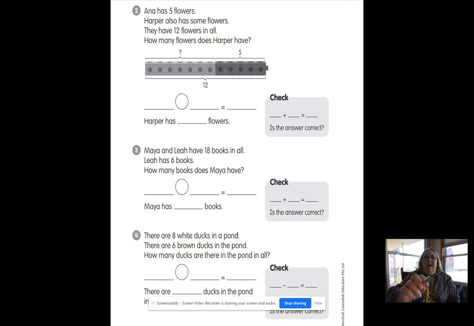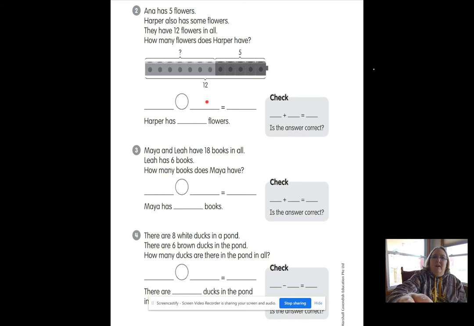So Anna has 5 flowers. Harper also has some flowers. They have a total of 12 in all. So how many flowers does Harper have? This is where we're going to break it into parts so that we can figure out what each part had. So we're going to start with 12 and subtract how many Anna had.